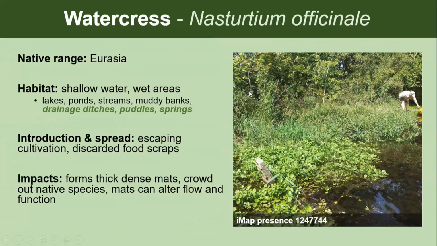And this species is native to Eurasia. It also likes shallow water and wet areas, so lakes, ponds, streams, muddy banks, the same sorts of places you'll see frogbit or water chestnut. But watercress can also be found in drainage ditches and puddles and springs, which you wouldn't necessarily expect for frogbit or water chestnut in a puddle, for example, but watercress, you might find it there.